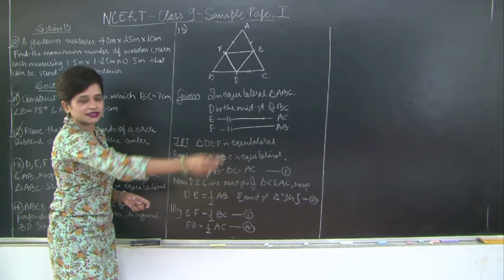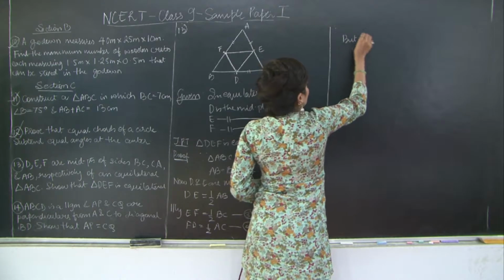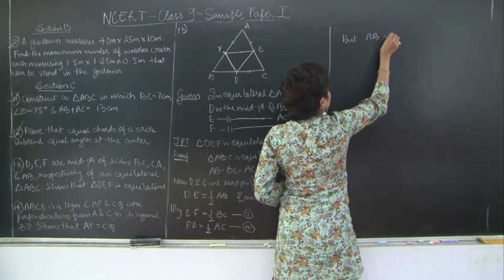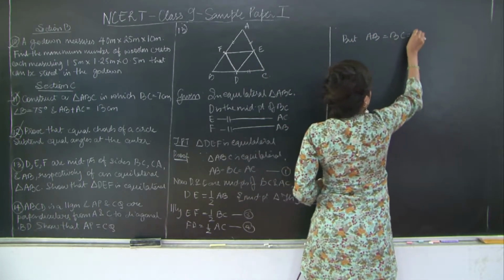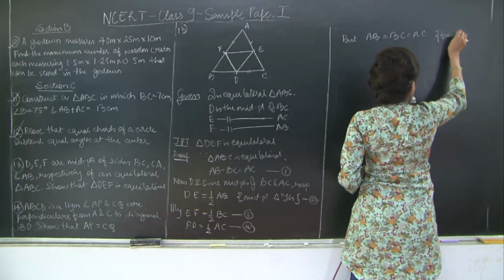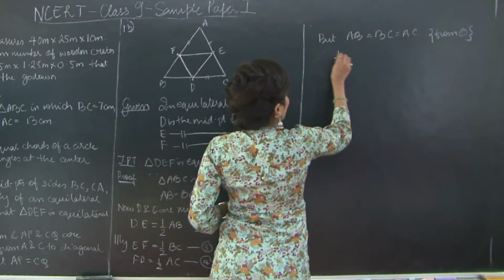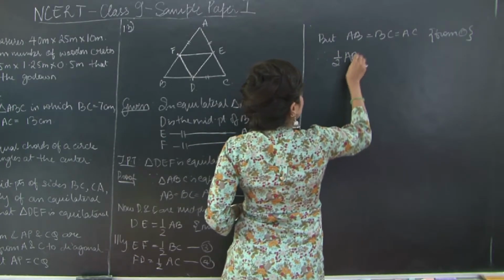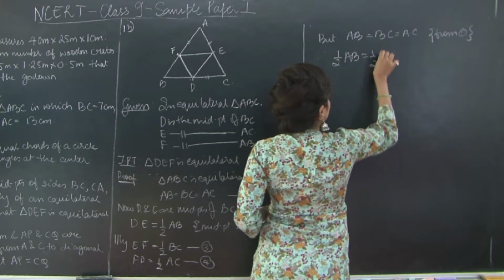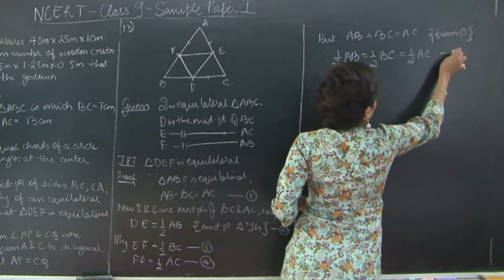AB is equal to BC is equal to AC. Let's rewrite this. So I'll say but AB is equal to BC is equal to AC and I'll say from 1. So therefore I will get half of AB is equal to half of BC is equal to half of AC. Let's mark this as 5.